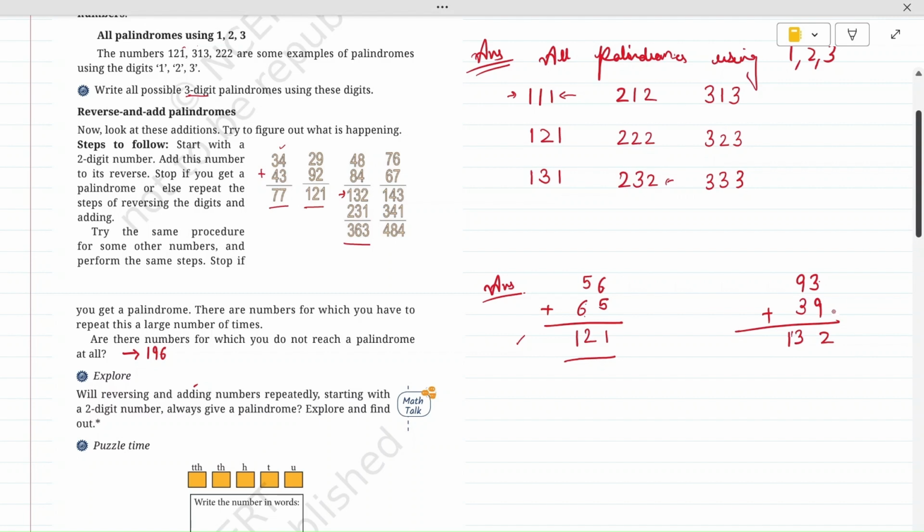So what we'll do is take its reverse and add 231, and this time this is 3, this is 6, and this is 3, which is a palindrome. So yes, we get a palindrome most of the time, but with some exceptions like 196, where we are not getting it. Now we have a puzzle time given.